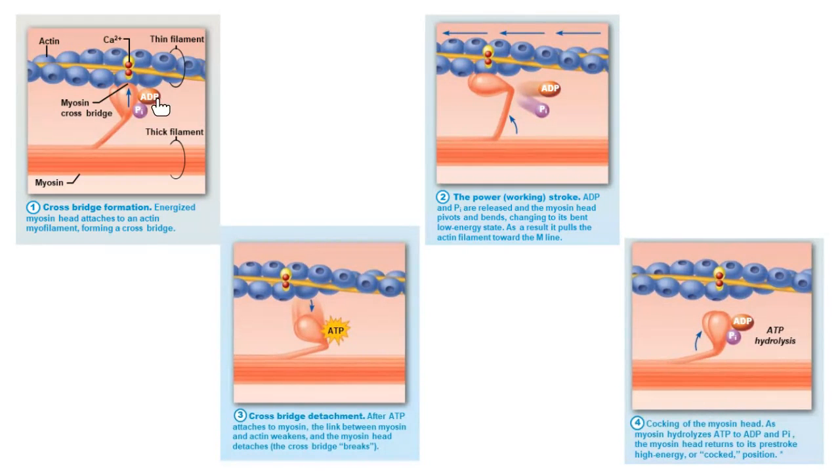So myosin spits out ADP and inorganic phosphate. We can see them leaving here. When myosin spits them out, the shape of myosin changes. So notice how it used to be kind of laid back with its head upright. When I get rid of ADP and inorganic phosphate, myosin ends up more upright and its heads are bent over.